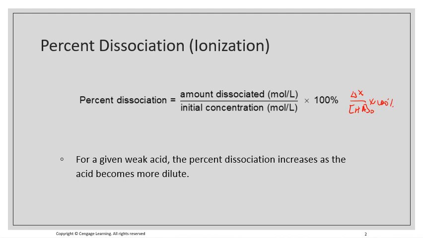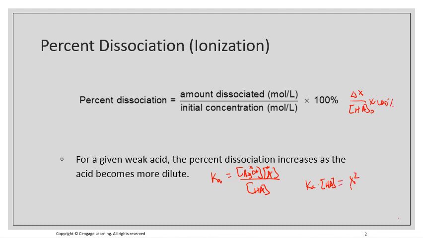That's because we're not looking at a direct change. When we set up our Ka expression, we would have H3O+ times the A minus over the concentration of the HA initially, and when we would set that up, these would each be equal to X. So I would have the Ka multiplied by that initial concentration of the HA at equilibrium equaling X squared.